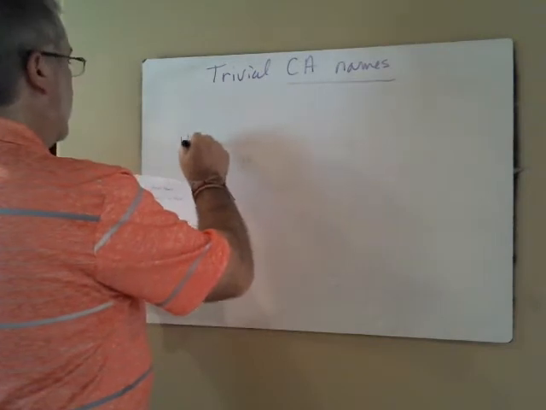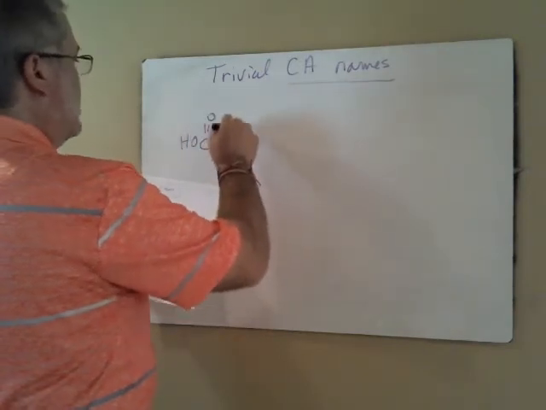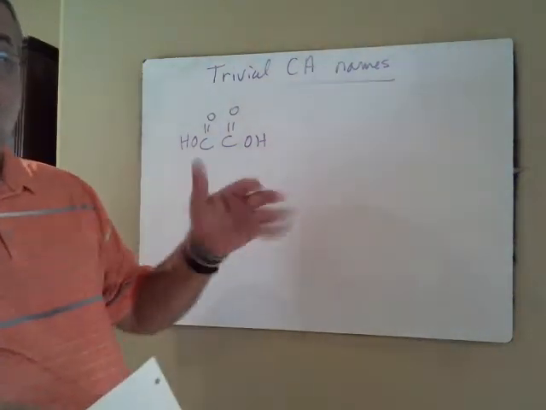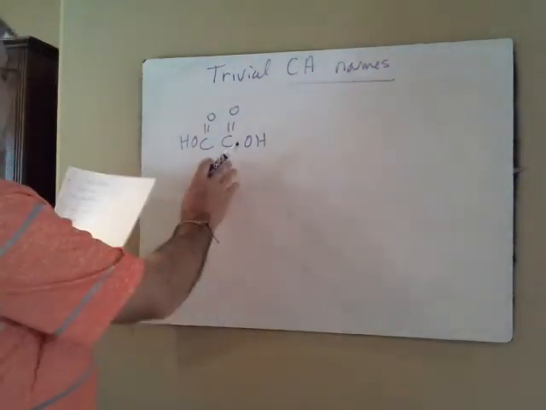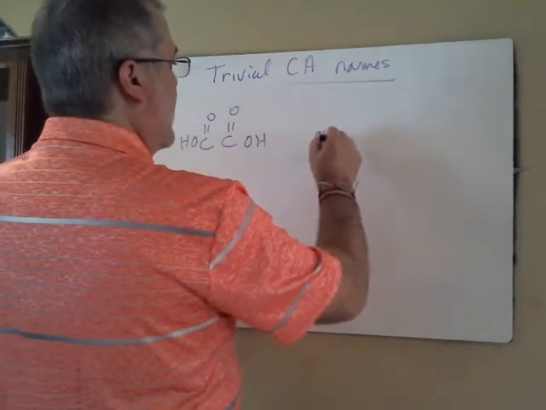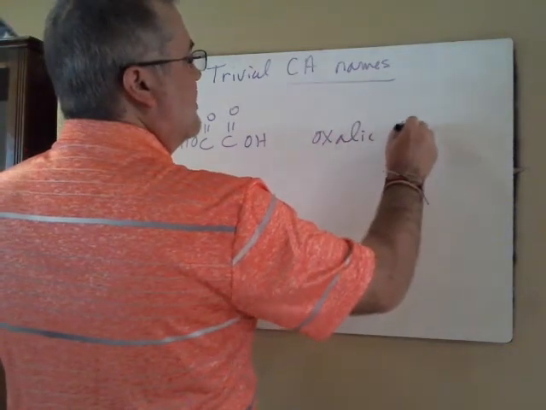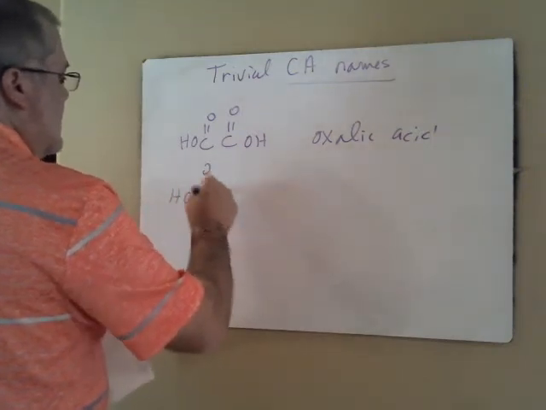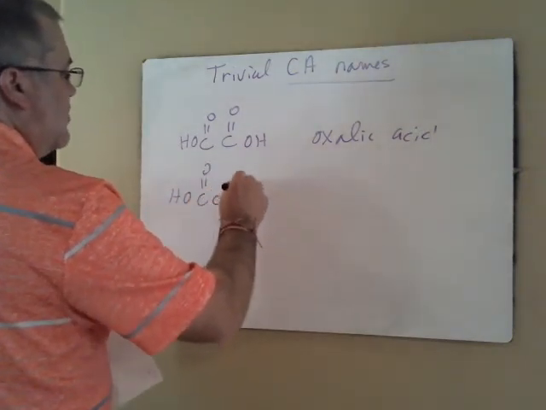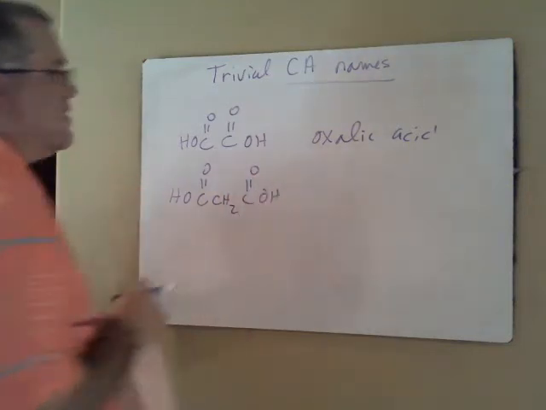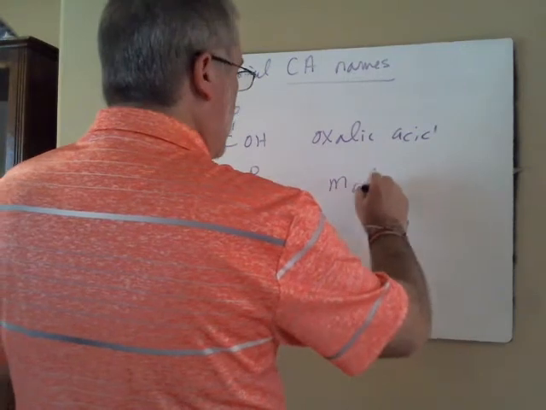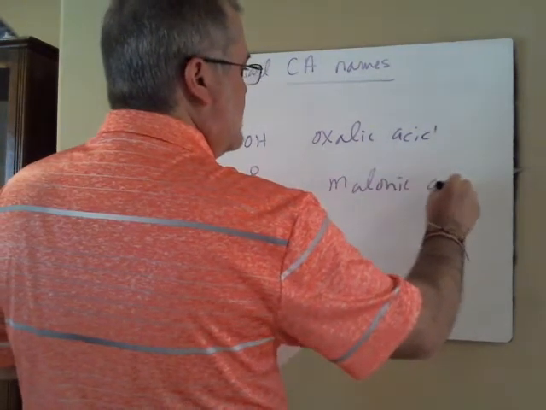And the first few are dioic acids. In other words, compounds that would have two carboxyl groups. The simplest one you can draw is this, which is oxalic acid. And then you can insert a CH2 spacer between your two carboxyl groups like this. And the trivial name for this is malonic acid.